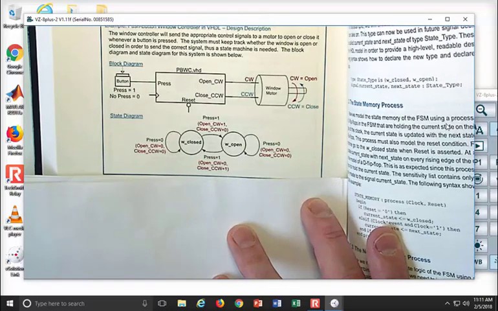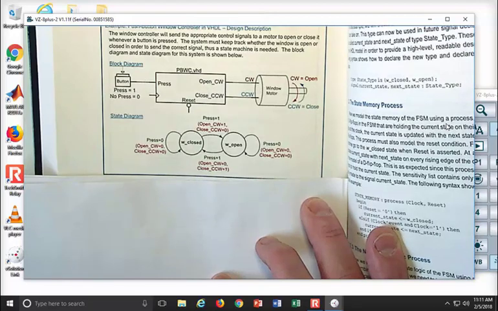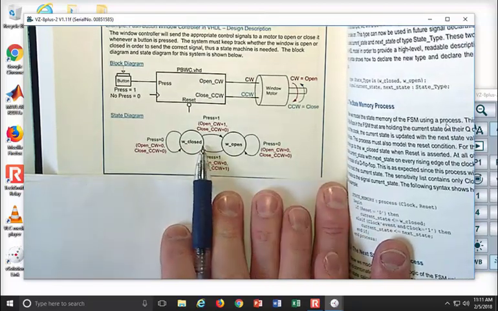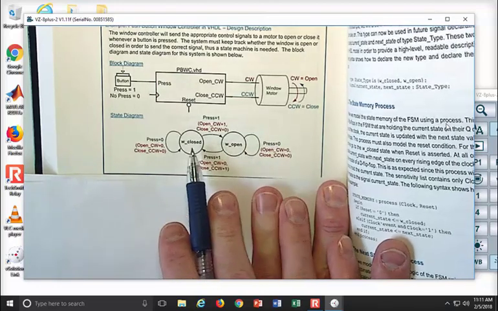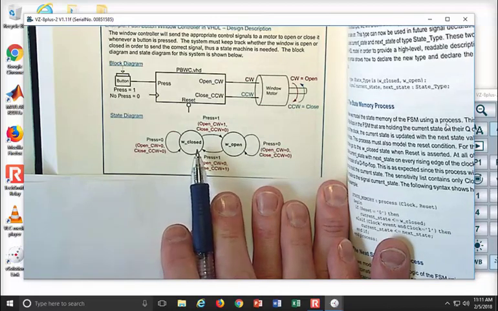And the states represent some sort of memory about what's going on in the world that you're trying to interact with. For example, we can have a state called W closed for window closed, and one called W open. Depending on which state we're in, it tells us whether the window is open or closed. We will take different action depending on what state we're in when press is asserted.